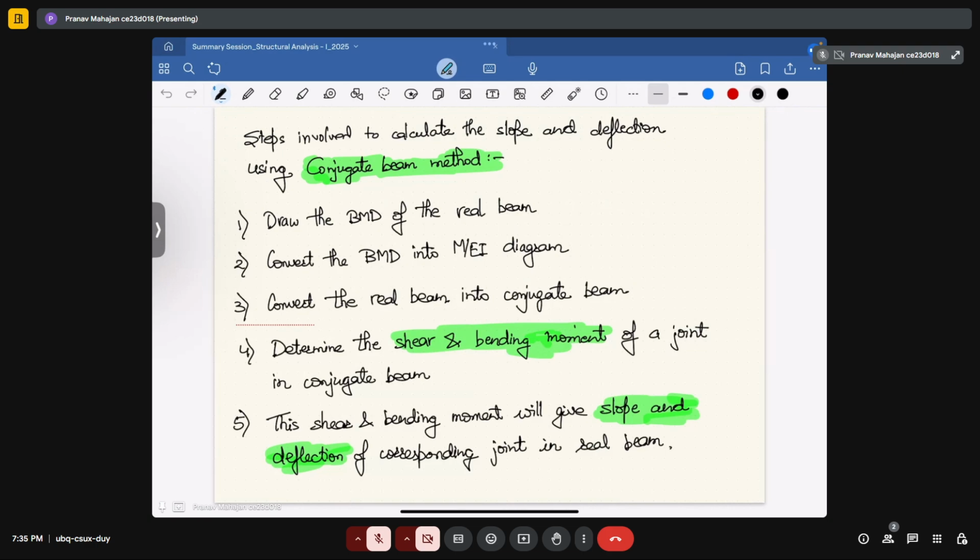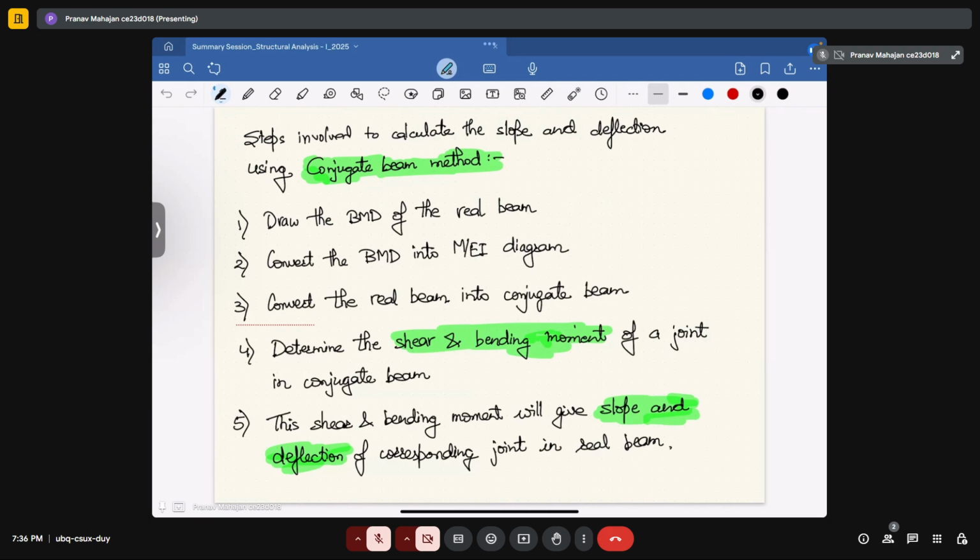So how will we do that? A hinge support will remain a hinge support, and a roller support will become a hinge support. In case of a fixed support, it will become a free end. In case of a free end, it will become a fixed support. So there are some conventions that you are expected to use when converting a real beam into a conjugate beam.